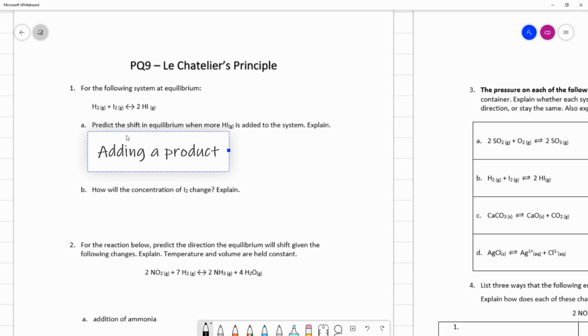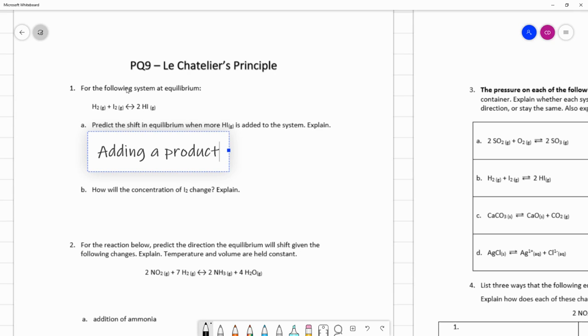Now, I know that when we're talking about equilibrium, there's really a blurry line between what are reactants and what are products. But the right side of the arrow is still considered the products, and the left side is still considered the reactants. Although there's going to always be some of each in a system that maintains an equilibrium.